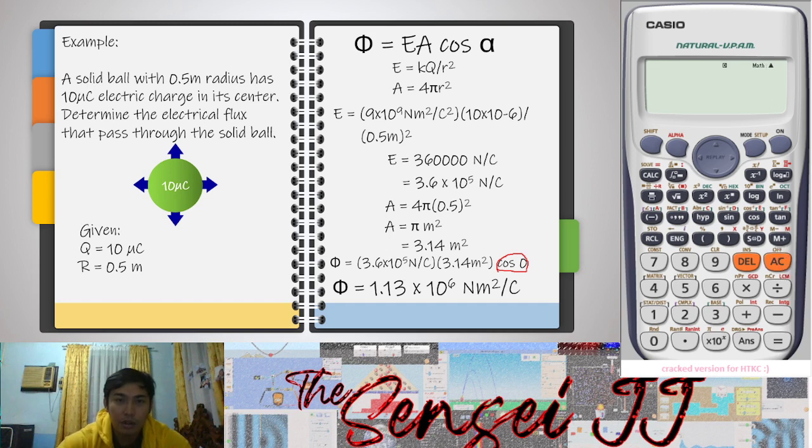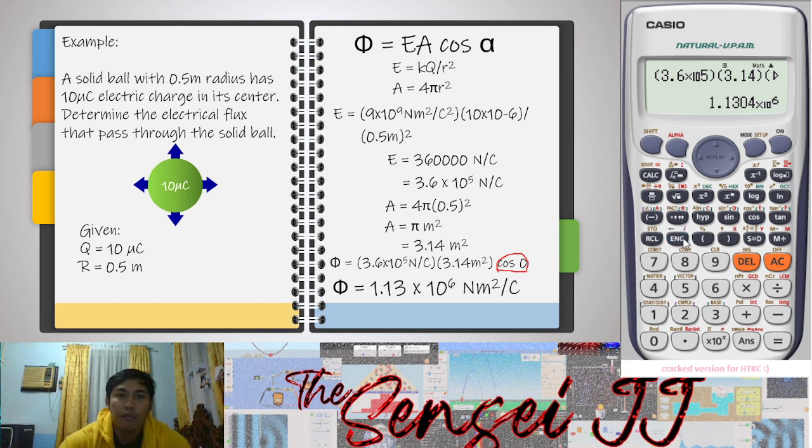Okay, so let's solve for our phi E, which is 3.6 times 10 raised to the 5th, and we have here our 3.14 and our cosine alpha.